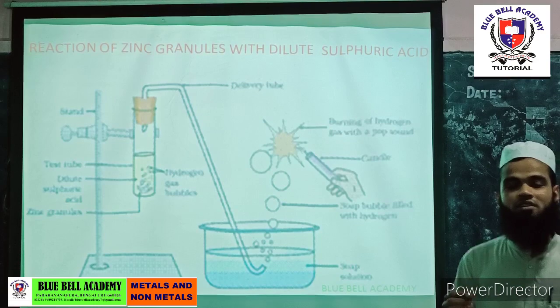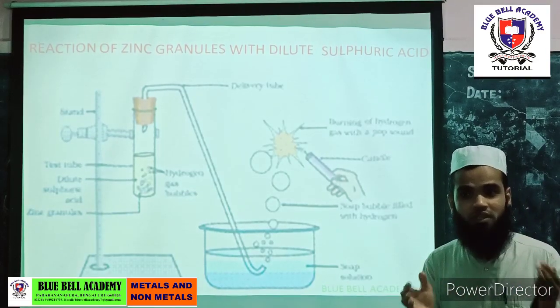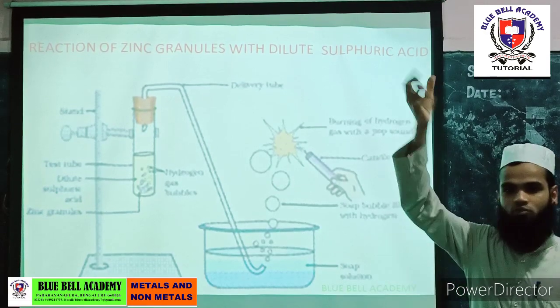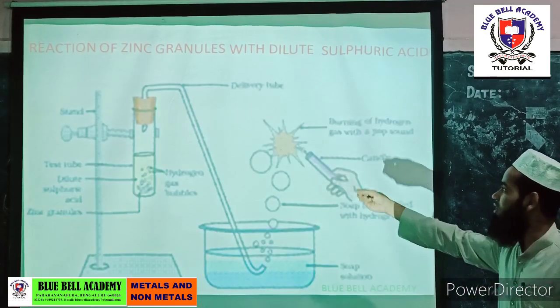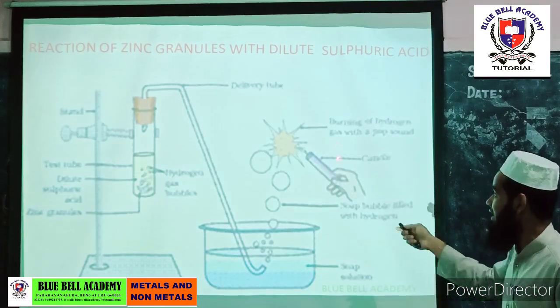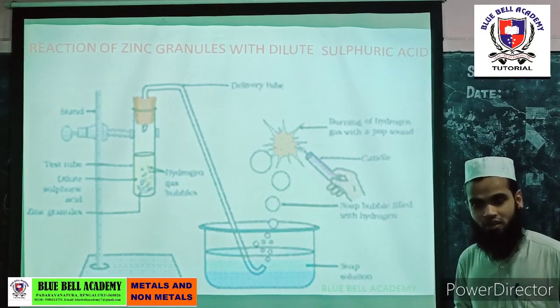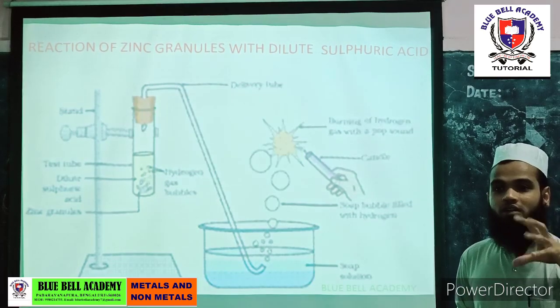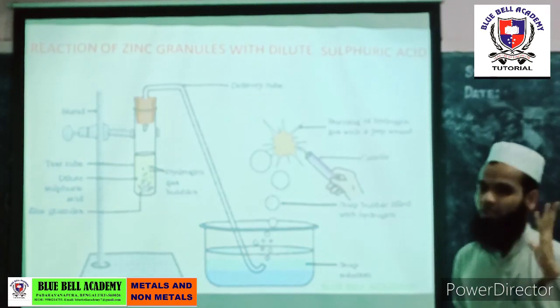As we pass the hydrogen gas, the bubbles rise up, and as the bubbles rise, we ignite them with a burning candle. As we ignite the bubbles, they blast off with a popping sound.